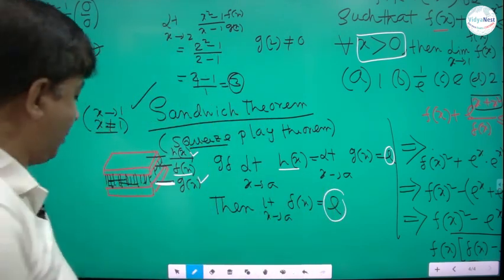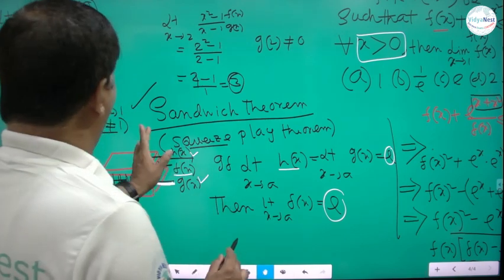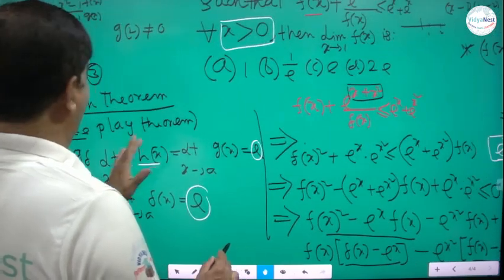Okay, we already have that, but here we see whether it will play any role or not.